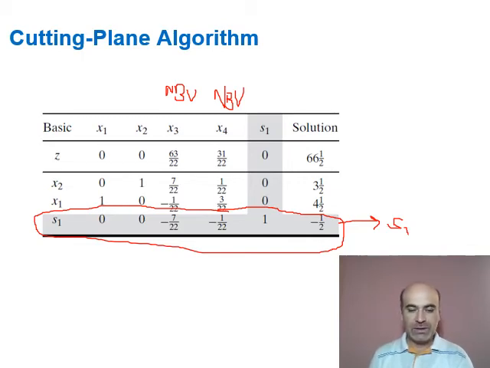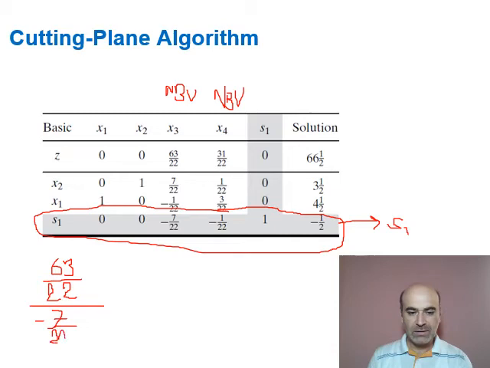Let's first calculate the ratio for x3. The row 0 coefficient is 63 divided by 22, right? This will be divided by the coefficient in the pivot row, which is minus 7 over 22.